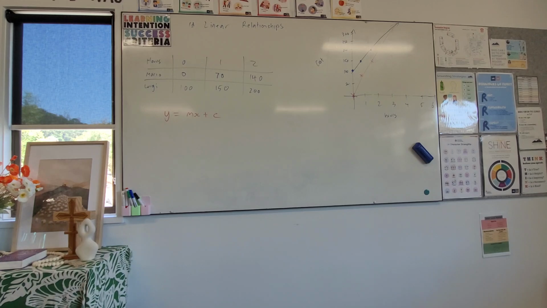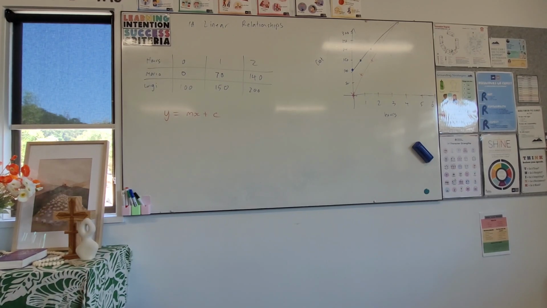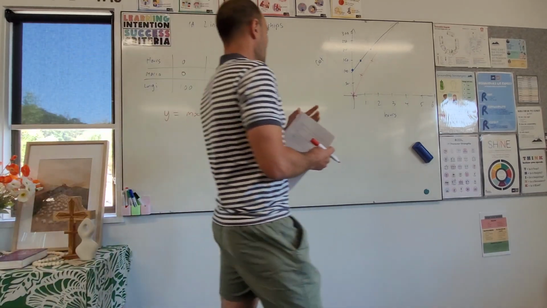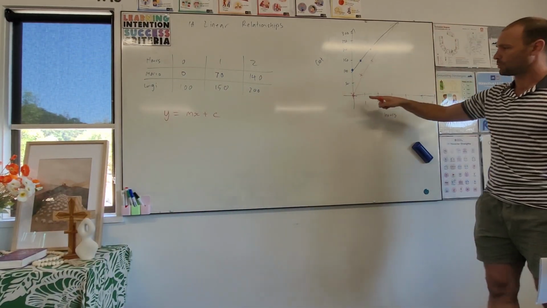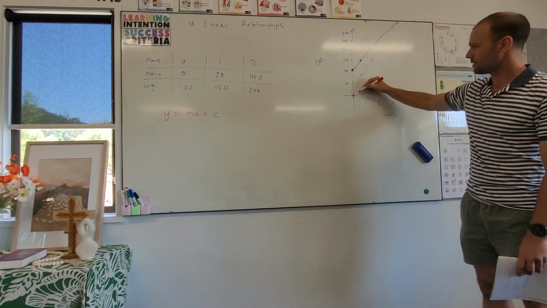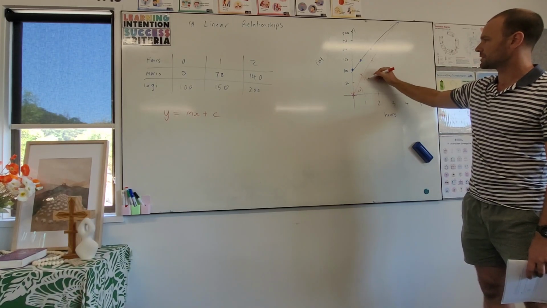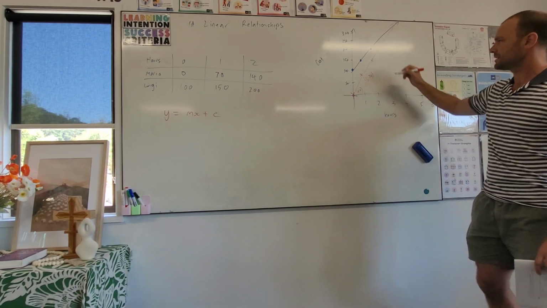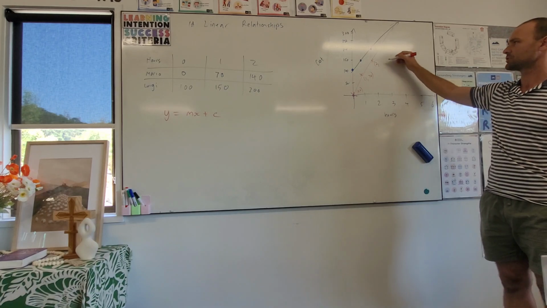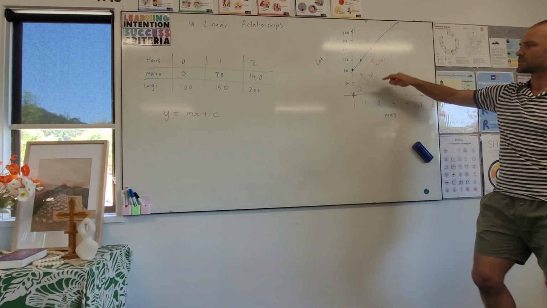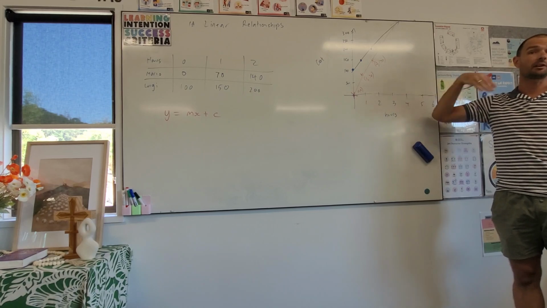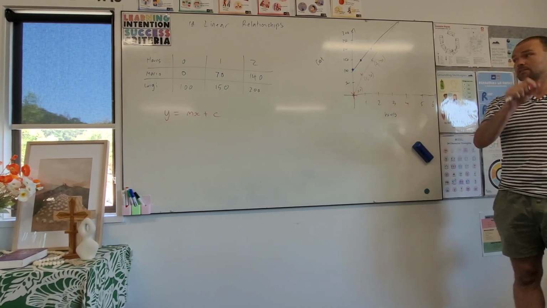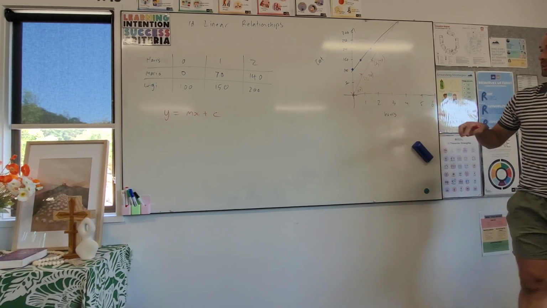So we want to know the y-intercept and we want to know the slope of each line. Now what we have here is we have all of these coordinates. So for example, this coordinate here is 0, 0. This coordinate here is x is 1, y is 70. This coordinate here, x is 2, y is 140. So we have all of these coordinates for Mario, and so we can find the equation of a line using the processes we learned last lesson. So let's do that.